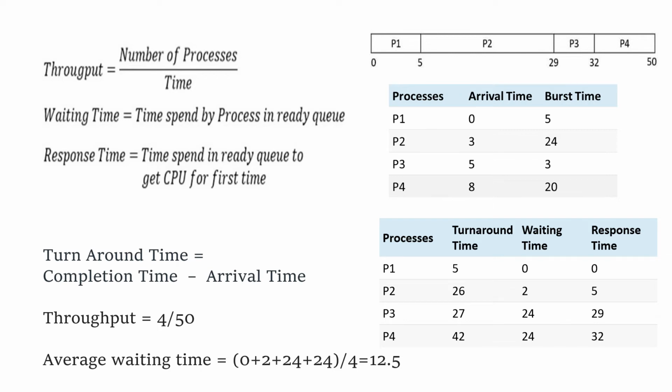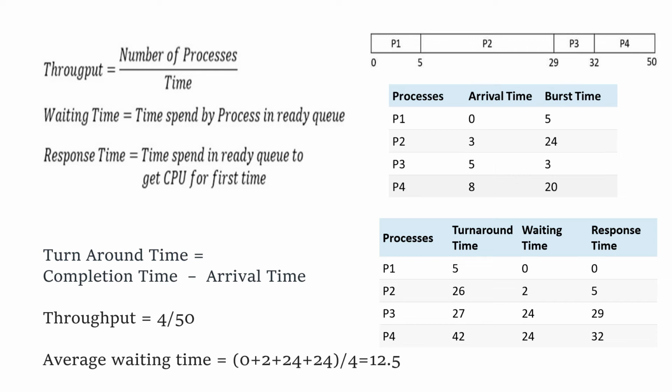For P1, the response time will be 0, since it is the first process and it gets the CPU at the 0th millisecond. For P2, when P1 completes its burst time of 5 milliseconds, then only P2 will get the CPU, so it will get it at the 5th millisecond. For P3 it is the 29th millisecond, and for P4 it is the 32nd millisecond, which we can see from the Gantt chart.